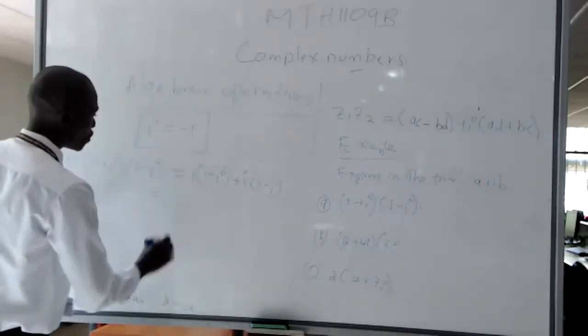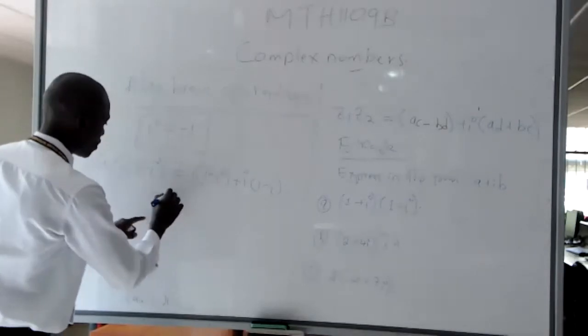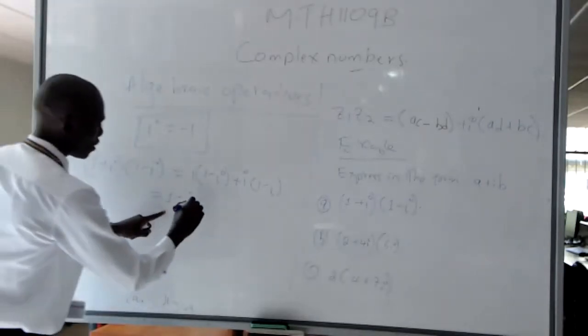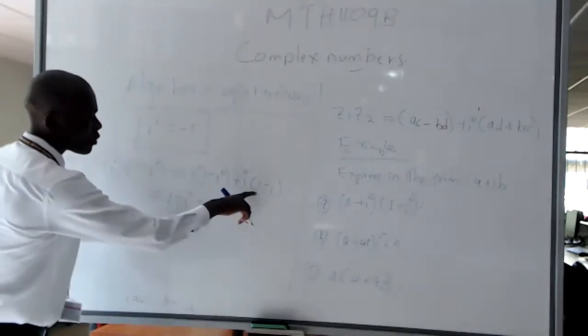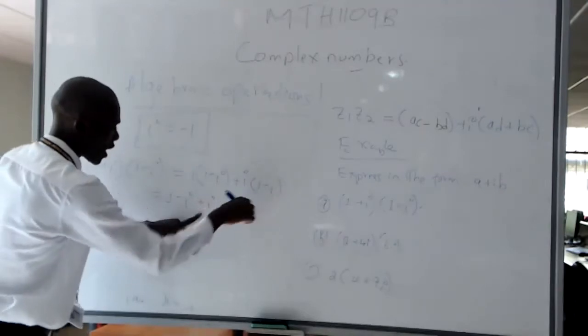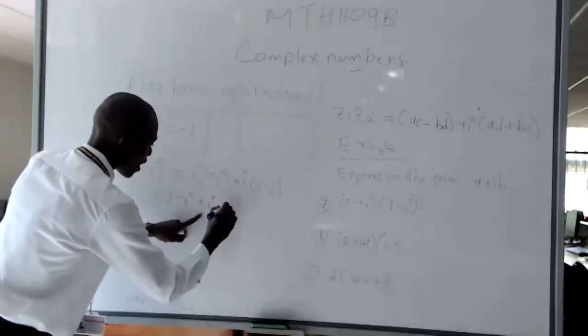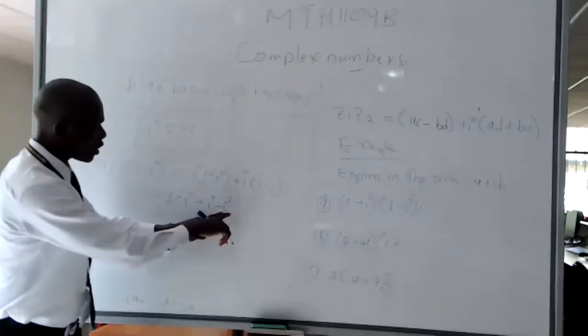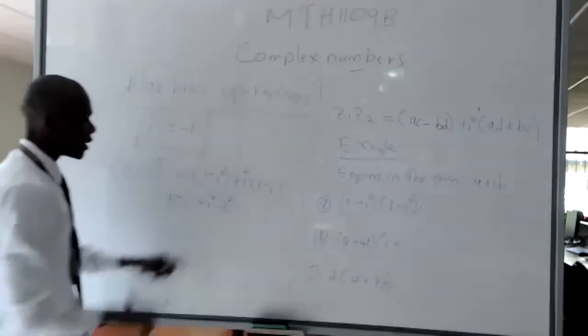So this is equal to 1 times 1 is 1, 1 times -i is simply -i, plus i times 1 is simply i, then i times minus i, so we have minus i squared. The minus is this one, and then i squared because I'm taking i times i.